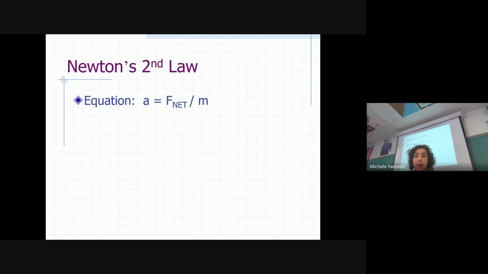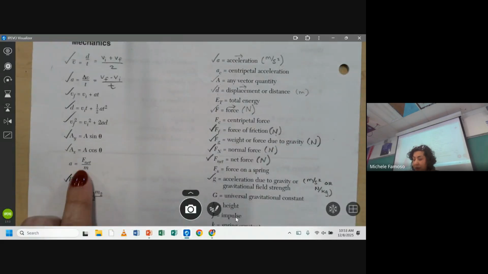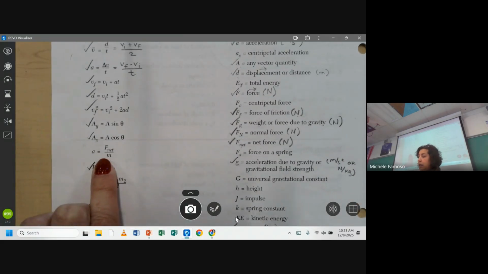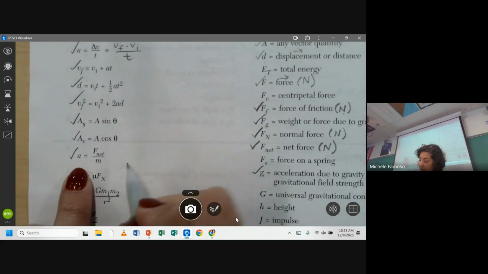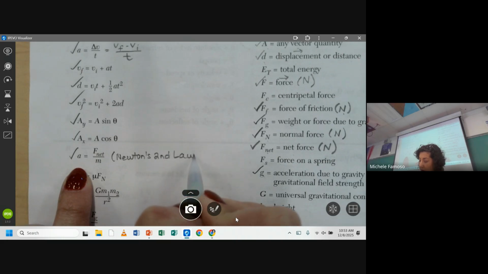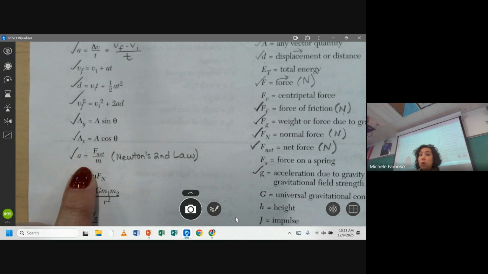So let's turn to page 6 and check it off. It's right here. a equals F net divided by m. This equation is called Newton's second law. Some of these equations have names. This one does.